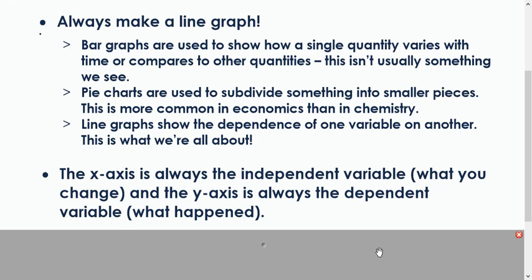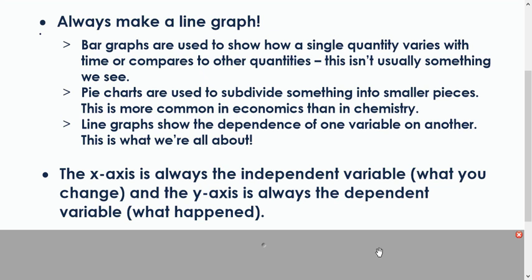As a note and as a refresher, the x-axis is always your independent variable. That's your horizontal axis. That is what you change. And the y-axis is the dependent variable. It's what got changed.